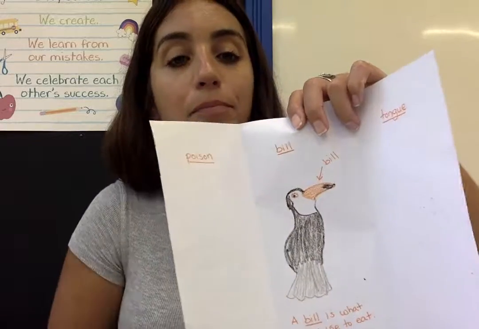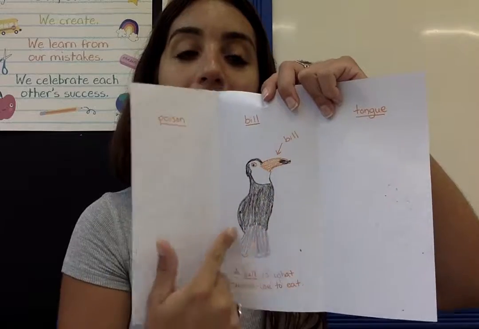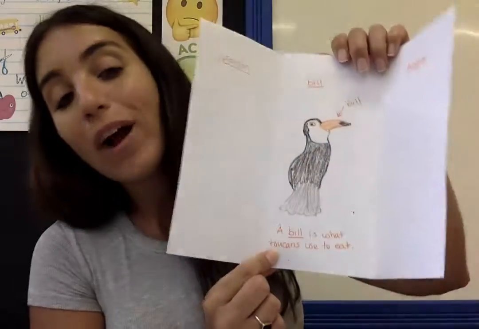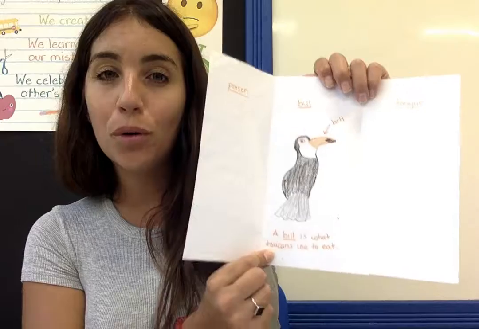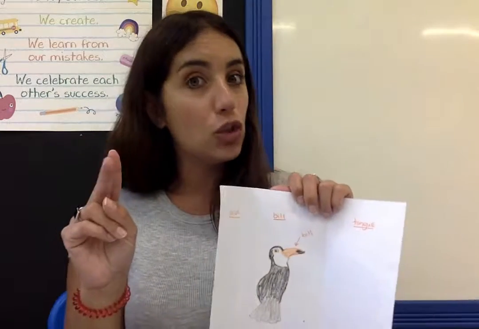And what you're going to do is you're going to put these words on top. You're going to draw a picture of the word like I did here. And you're going to either write a sentence with that word or you're going to make up your own definition of that word. So you get to choose.